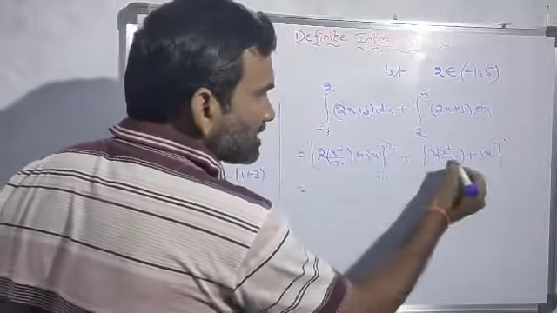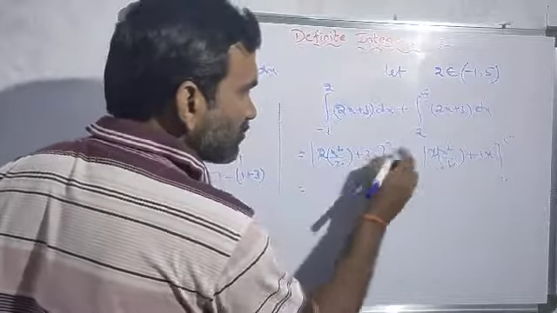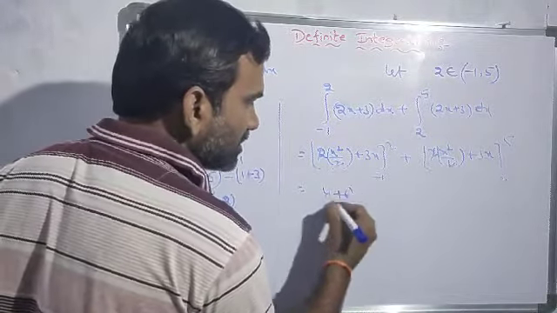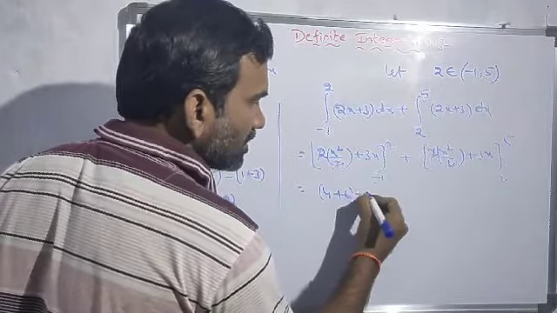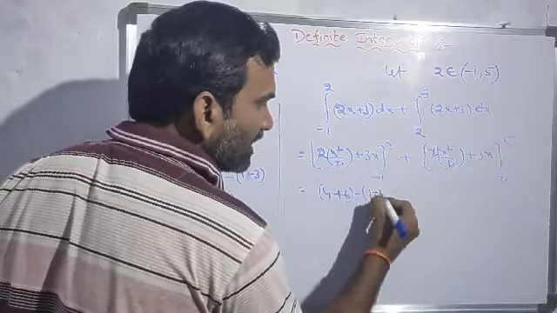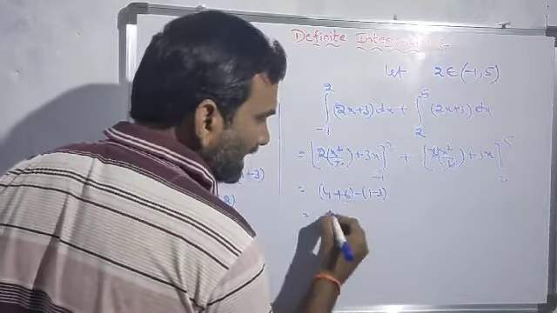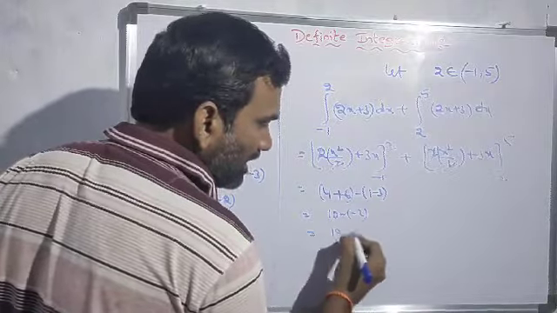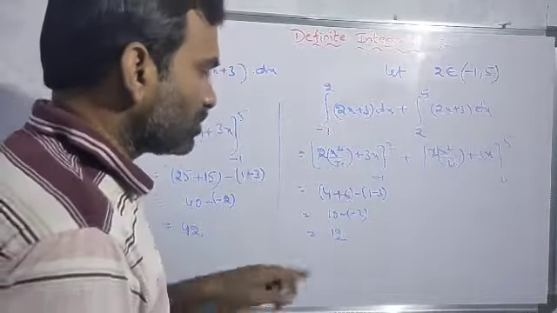The 2 gets cancelled. Here x square gives 4 plus 6, minus 1 squared is 1, plus 3 into minus 1, which is minus 3. So here 10 minus of minus 2, that is 10 plus 2, which means 12.